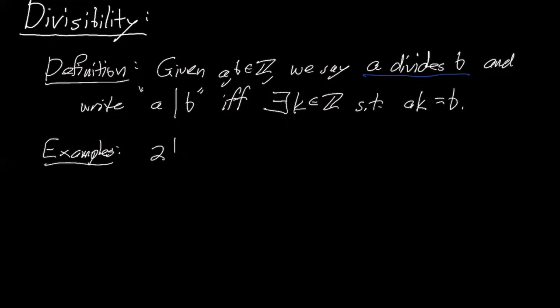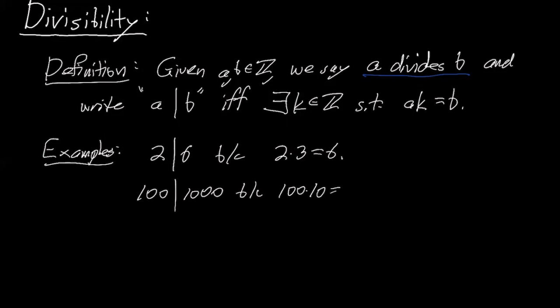So I'm going to be a little careful and make this a vertical bar. 2 divides 6 because 2 times 3 equals 6. 100 divides 1,000 because 100 times 10 equals 1,000. 3 does not divide 7 because 3k equals 7 does not have a solution in integers.